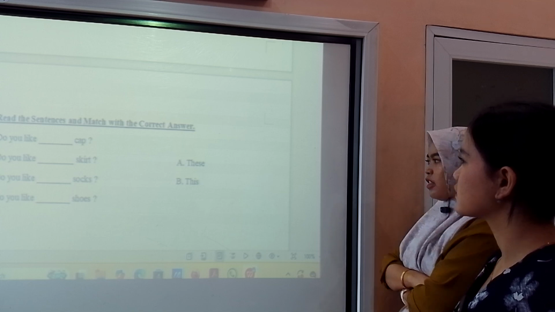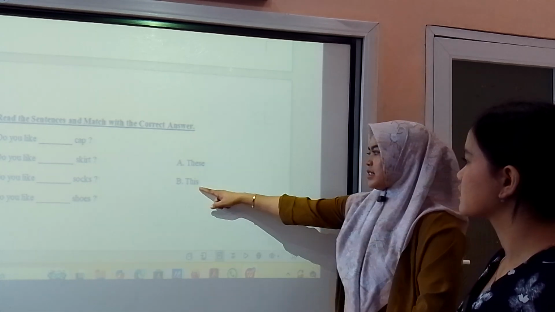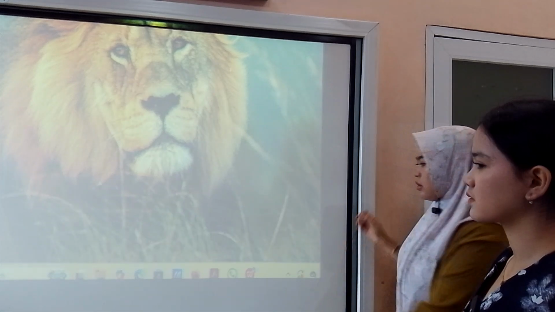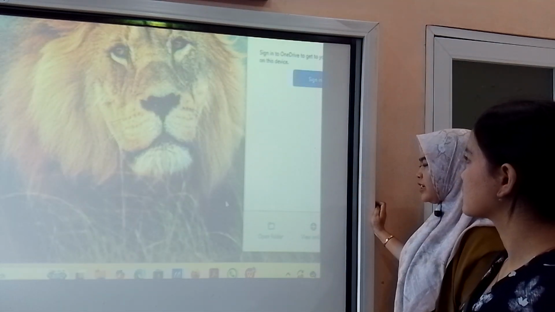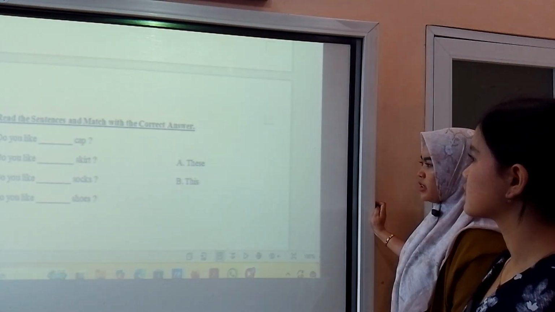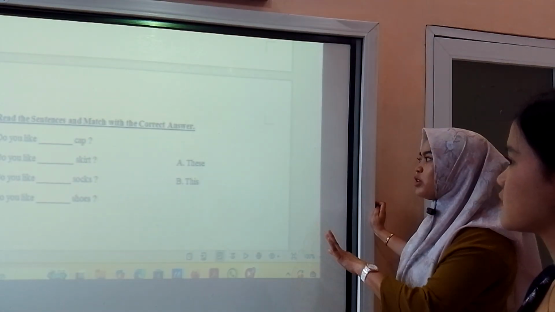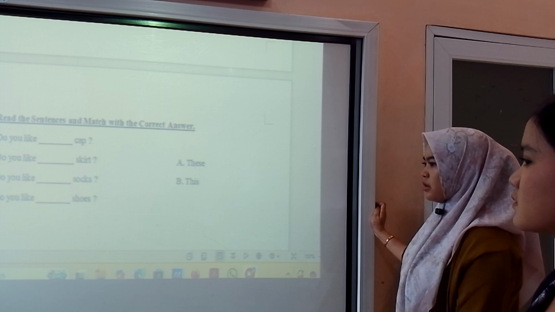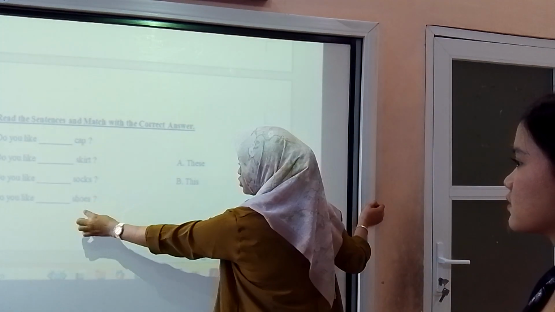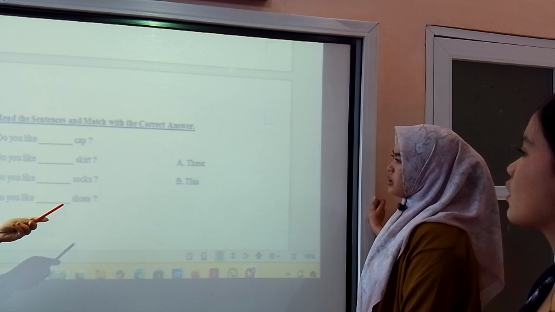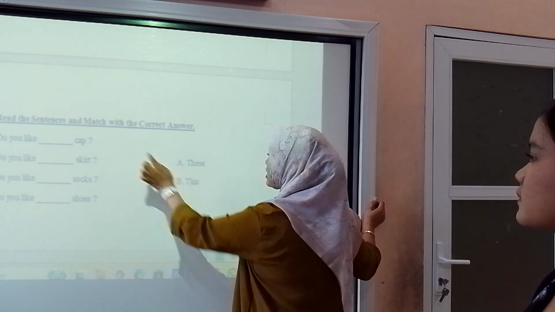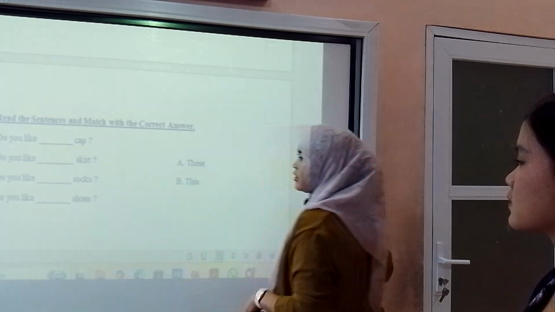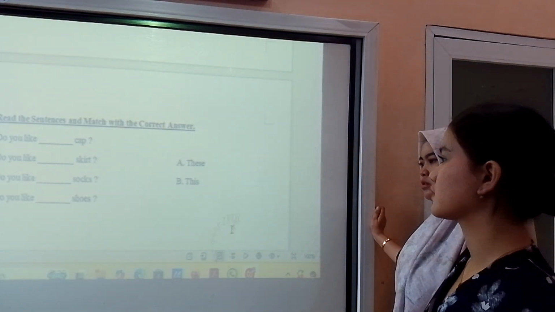For example, this one is for singular object, and this one is for plural object. Which one is plural? This one, socks and shoes. This cap, this skirt, singular.